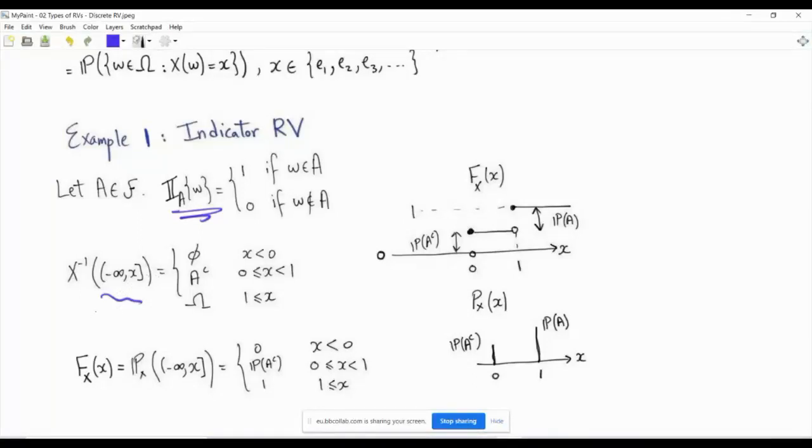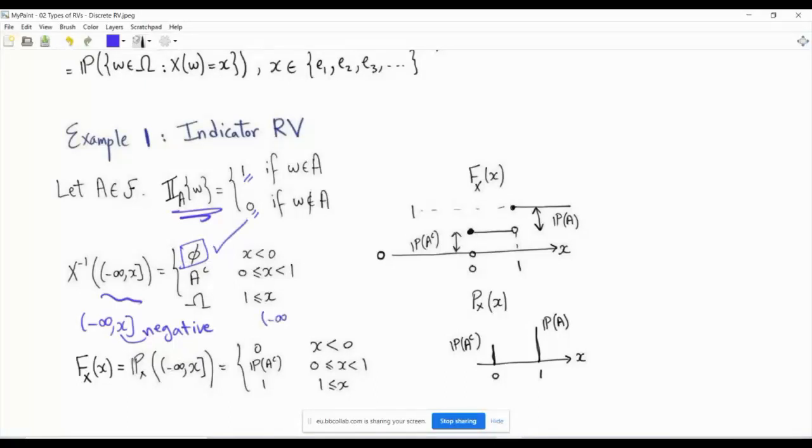So what if you take minus infinity and you stop at a small x that is negative? What happens? Is there any small omega that is mapped to a negative real number? No, because you just map to 0 or to 1, so this pre-image is empty, and the empty set is part of any sigma algebra.